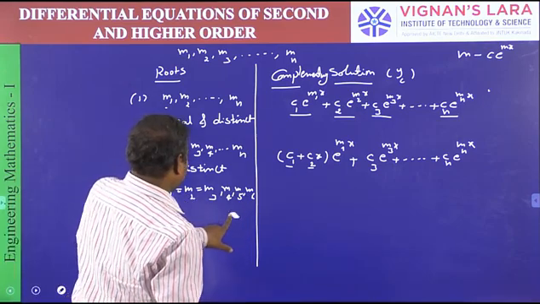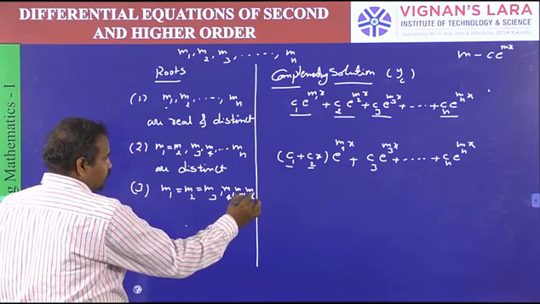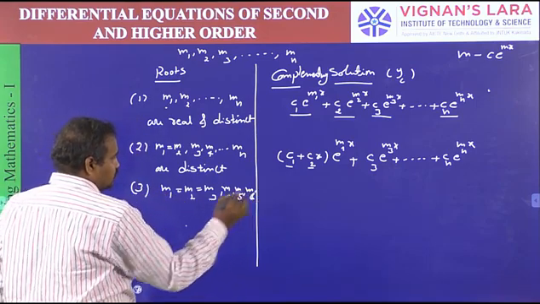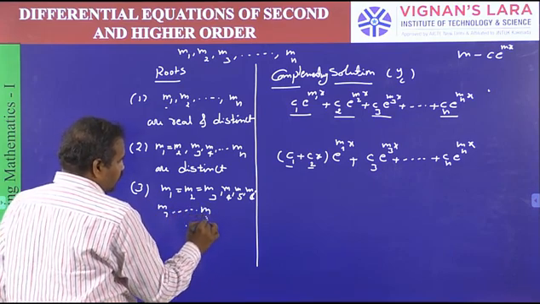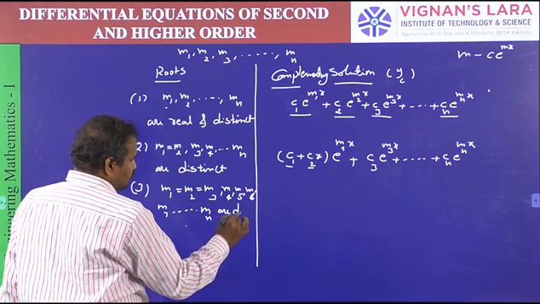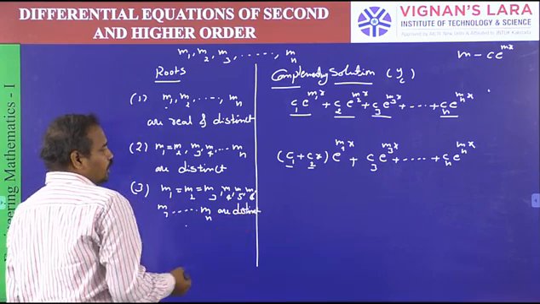Remaining are m6, m7 and so on, mn are distinct. In this situation, three roots are equal.